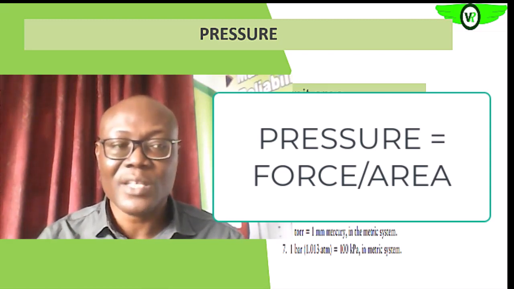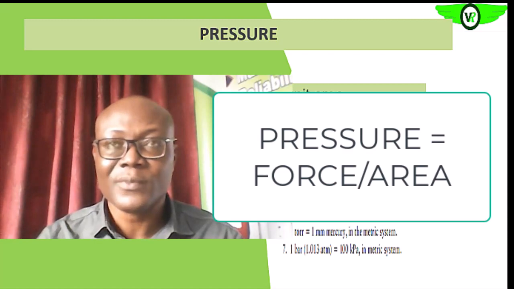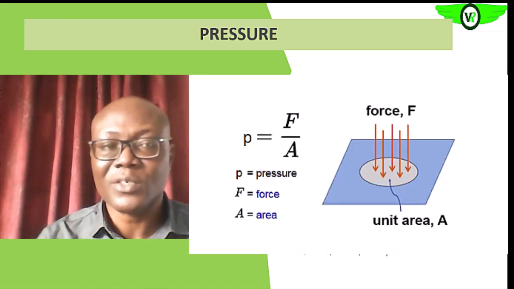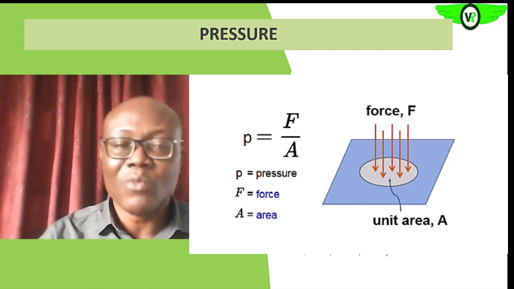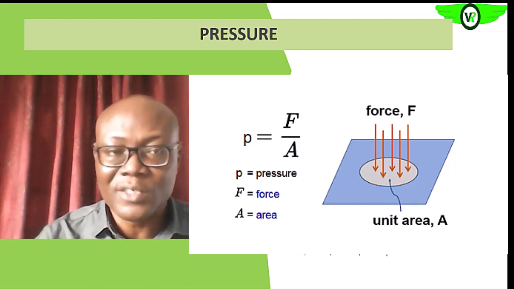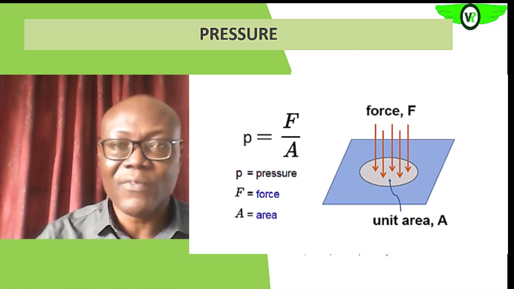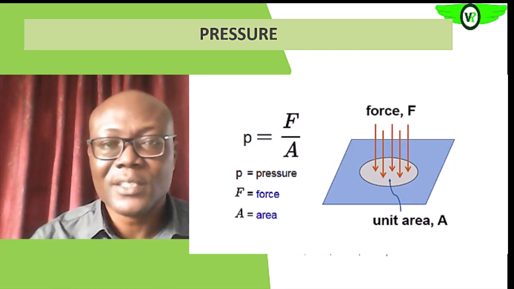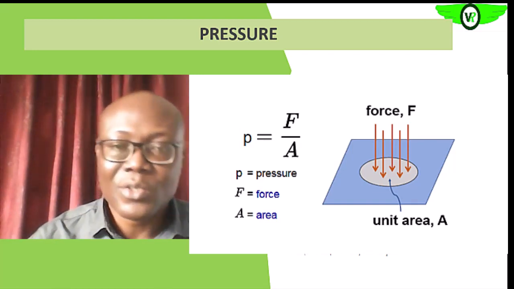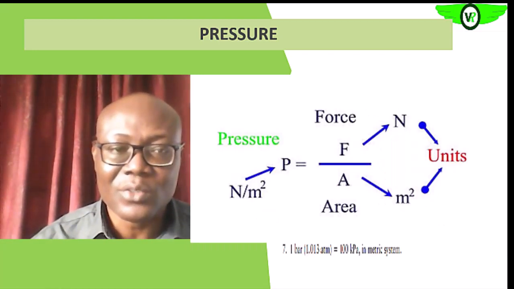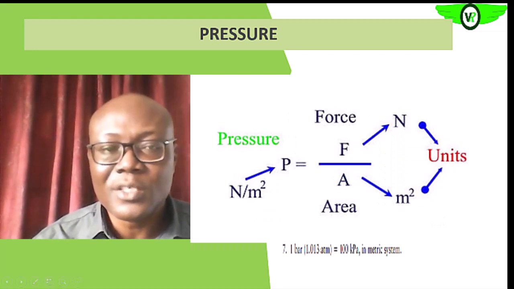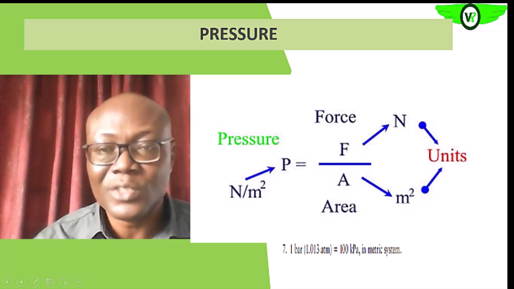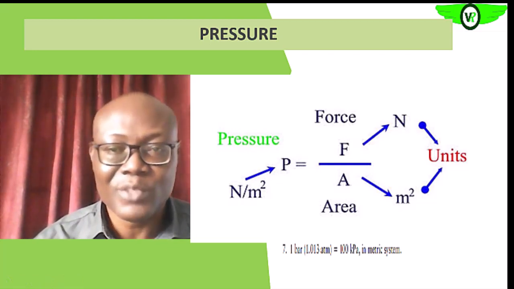The force exerted by fluid, either gaseous or liquid, on the walls of the containing vessel. So that is the force per unit area. That is pressure. As you can see also, pressure has different units of measurement.